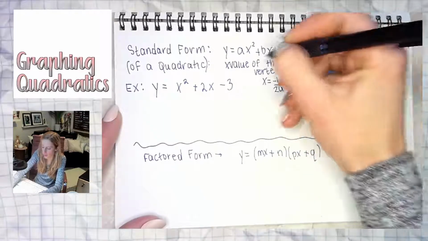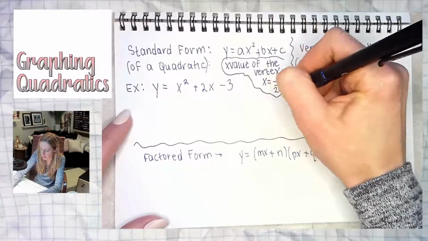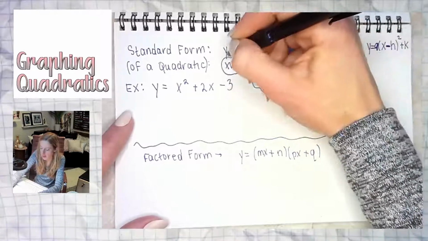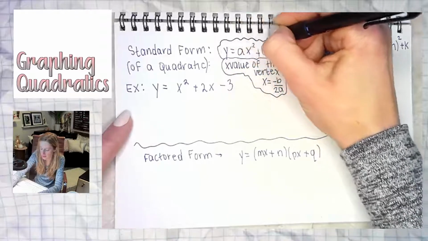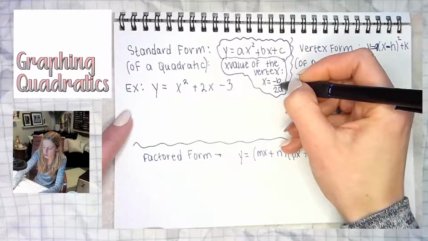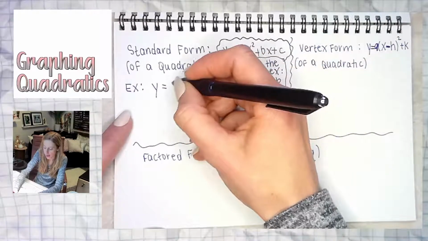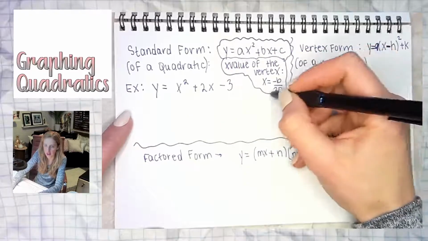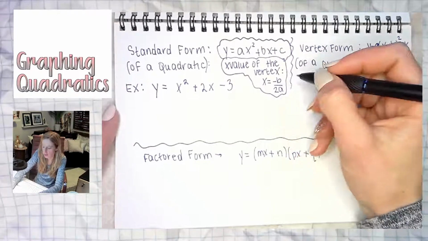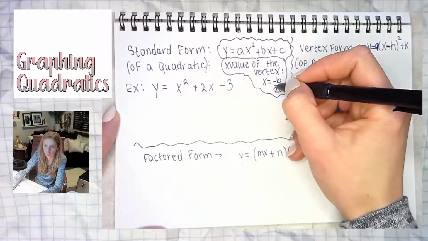Good. So let's figure out the x value of the vertex in this example. This is a formula that we use when we have something in this form, and that's what we have. We don't need to worry about what this value is. That's C. I need to worry about A and B, fill them in, and figure out the x value of my vertex. Did anybody get what the x value of the vertex would be?